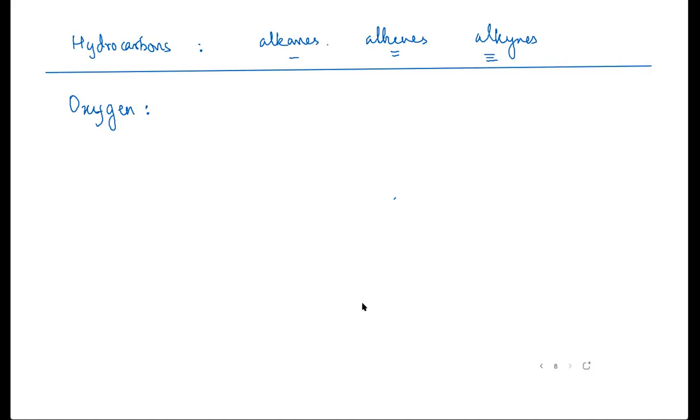All right. So oxygen-based functional groups, you've got carboxylic acid, which is C double bond O OH. The suffix for this is oic acid, like ethanoic acid, butanoic acid, propanoic acid.